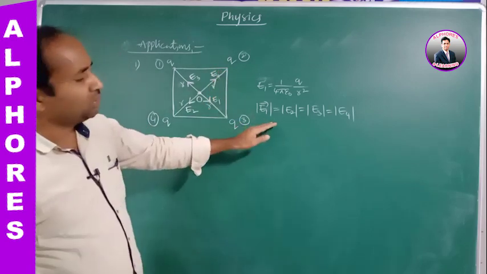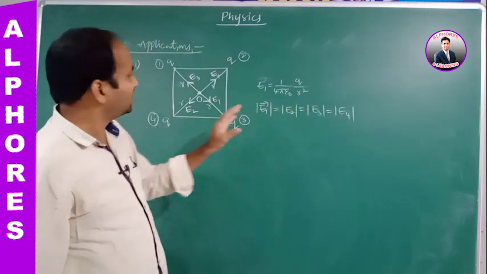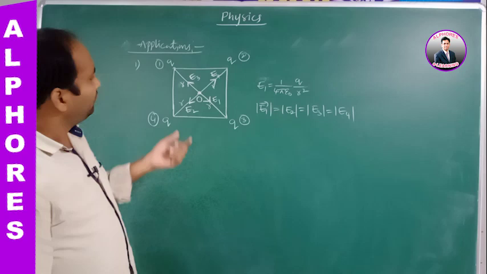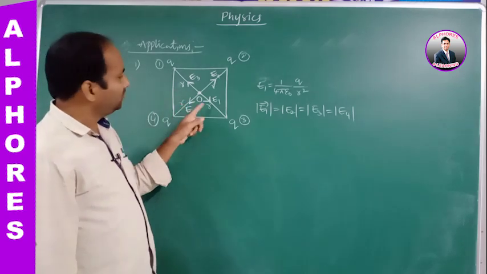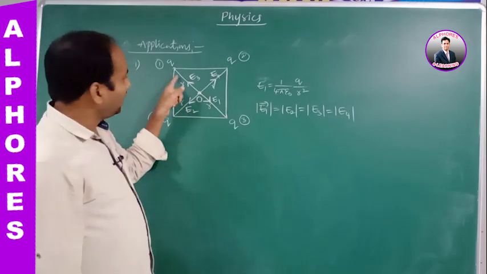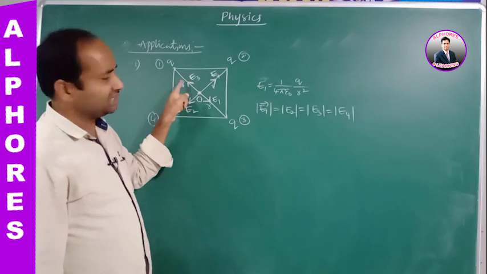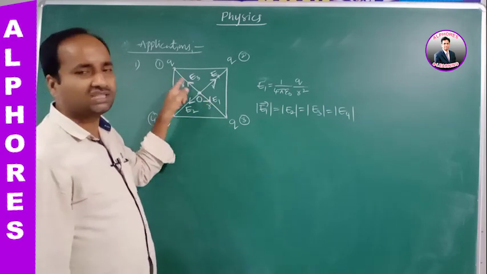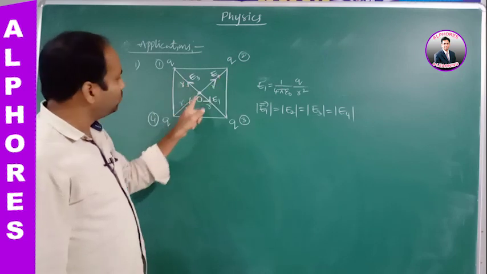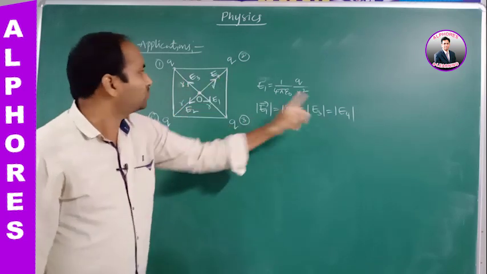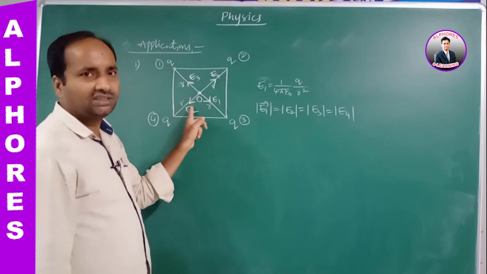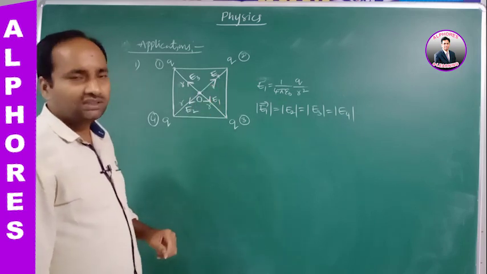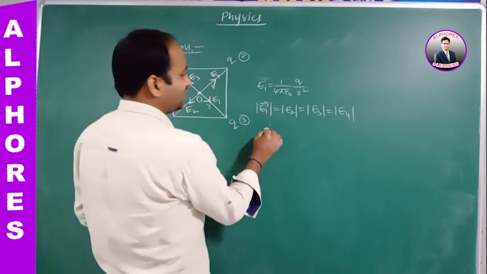See, magnitudes are the same and directions are different here. If you observe this diagram, E1 and E3 are opposite in direction. Equal magnitude, opposite direction, they cancel with each other. And E2 and E4 having the same magnitude but opposite in direction, they cancel with each other. Therefore, what is the net intensity of electric field?